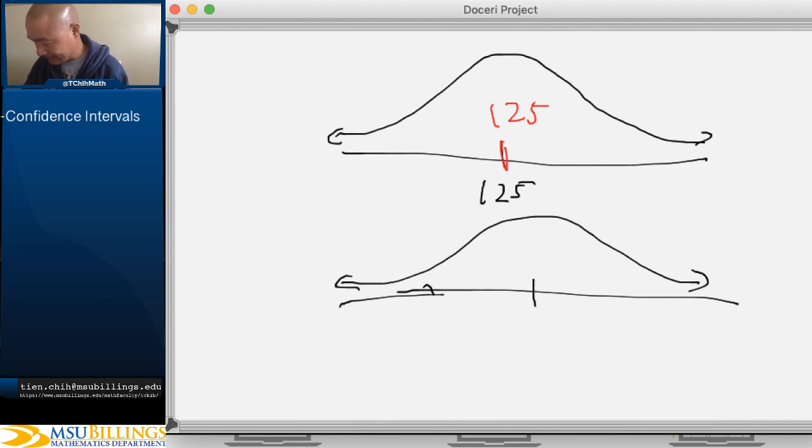Let's say it's 90, right? In which case, the chances of us getting a result like 125 is actually kind of small, right? It would be an extreme right outlier type of event.